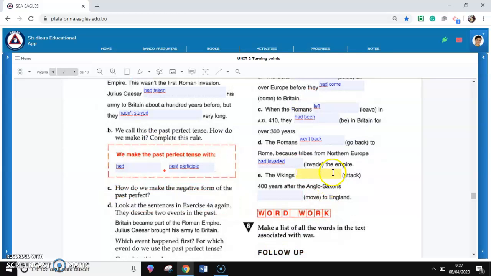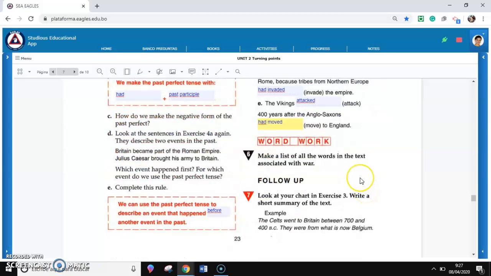The Vikings attacked 400 years after the Anglo-Saxons had moved to England. So attacked 400 years after the Anglo-Saxons had moved to England.